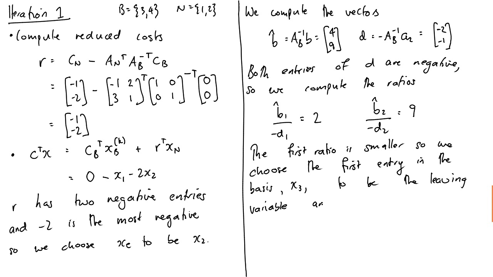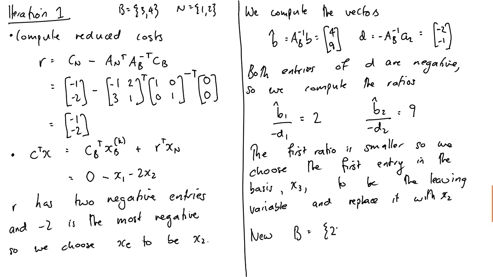Okay, and replace it with x2. Okay, because we decided that x2 was going to be our entering variable. So for our new basis, we just replace the entry we took out. So we've taken out x3 and we've replaced it with x2.